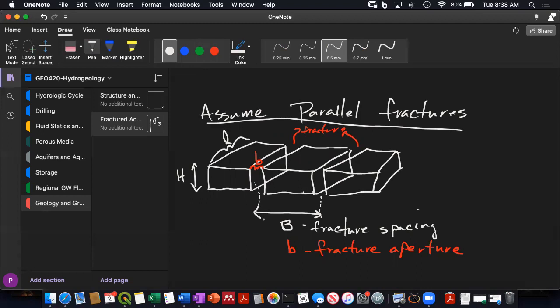I'm going to consider a cube of our fracture media that goes from midline to midline of the fractures, all right? And I'm going to calculate the porosity. So I need to calculate the volume of the voids.